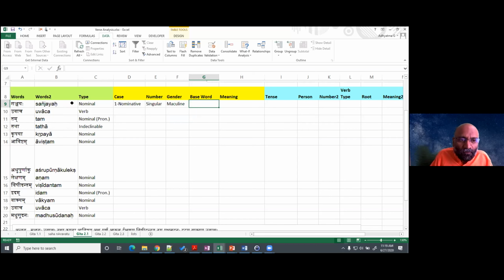Base word. So if you know Sanskrit, the base word would be Sanjaya, like Rama, Ramaha, and the meaning is the name of a person. So these are the details.